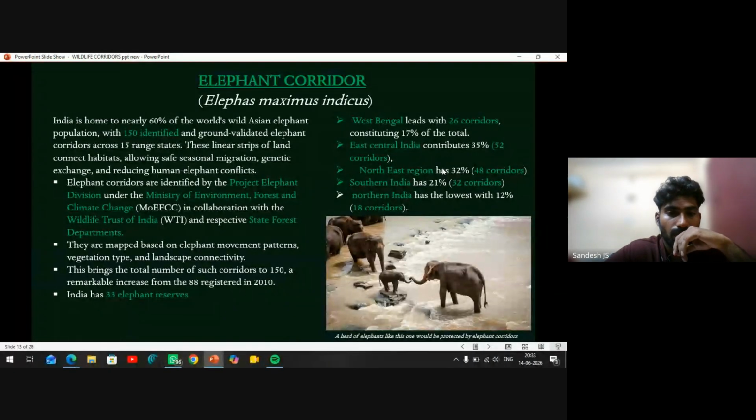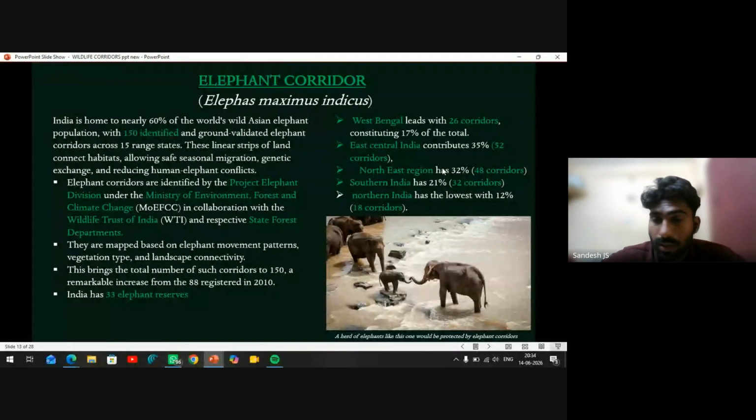So this brings the total number of such corridors to 150, a remarkable increase from 88 registered in 2010. This report came in 2023 with the addition of 62 more elephant corridors. India has 33 elephant reserves. West Bengal has the highest number of elephant corridors in our country with 26, constituting 17% of the total.